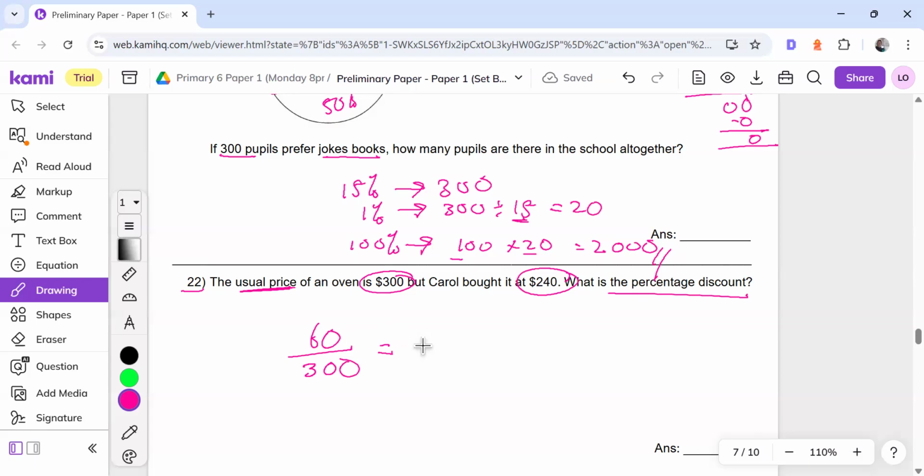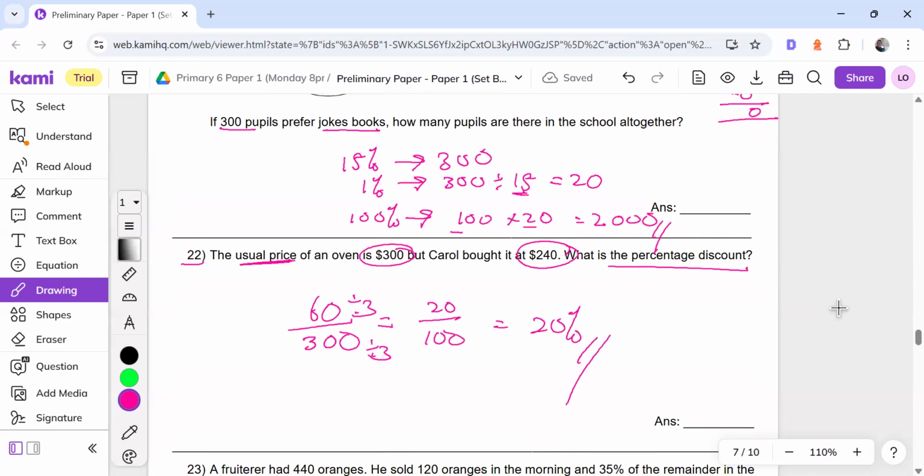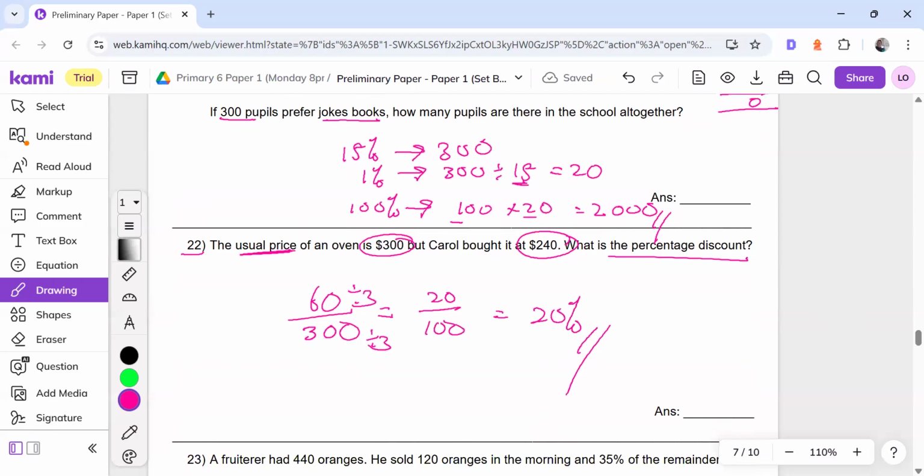Then make the denominator 100. So divide by 3, divide by 3. 20 over 100. How many percent discount? 20% discount. So you write as a fraction, you get the answer faster. Remember, it's not about getting the answer correct. It's about how fast you get the answer for paper 1. You don't want to take so long and then the other questions you cannot finish.